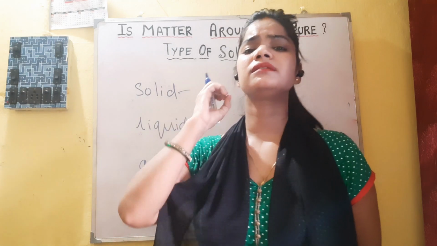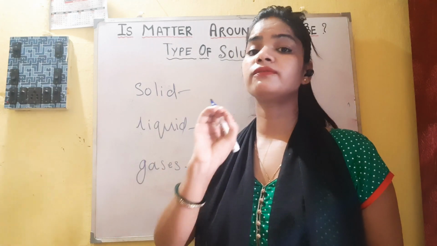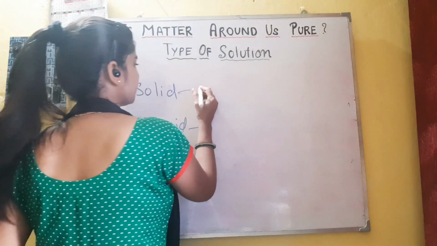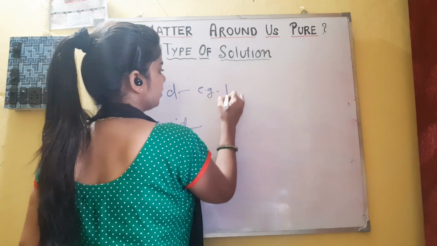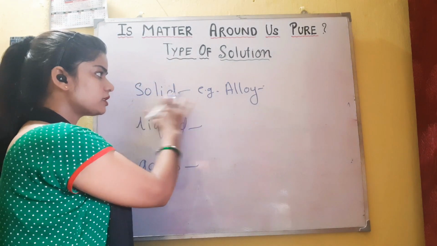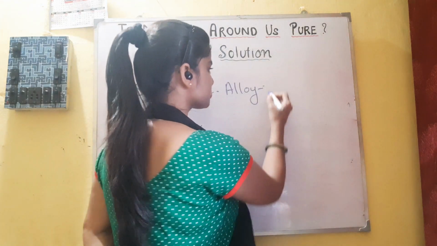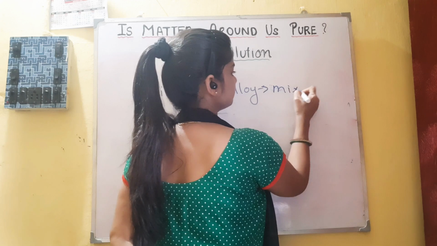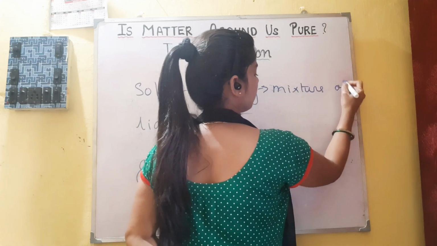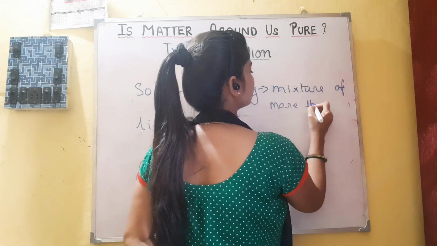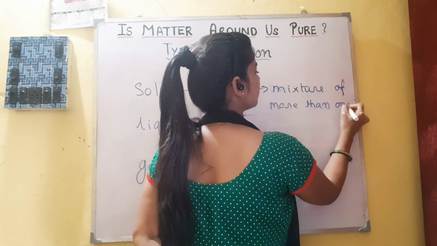Alloy is nothing but a mixture of metals. An alloy is a solid solution which is a mixture of more than one metal.